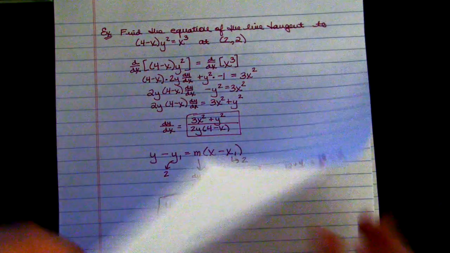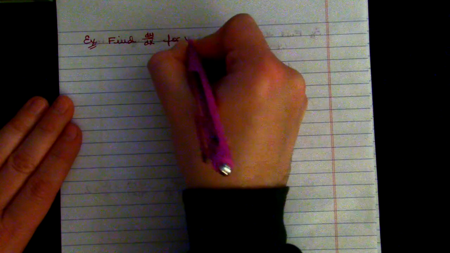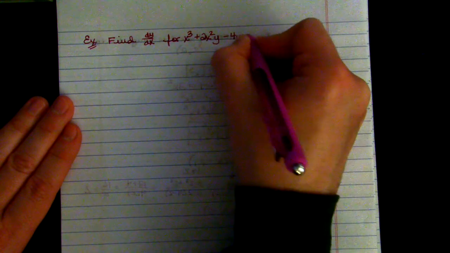One more tangent line problem. We are going to find dy/dx for x cubed plus 2x squared y minus 4y equals 7.